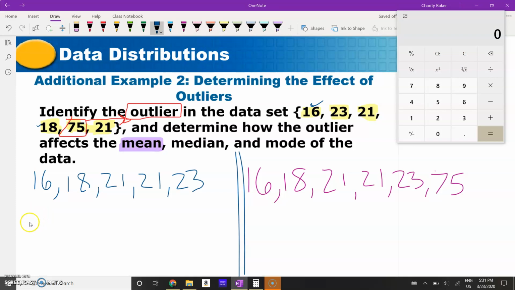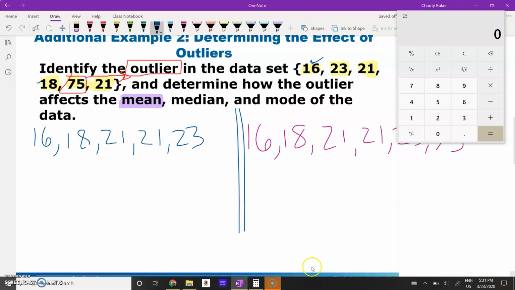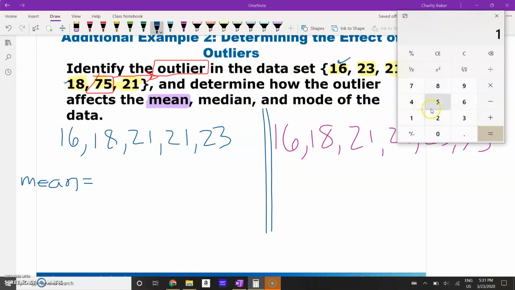All right, so let's start with the mean of each one. Okay, so I'm going to make a little chart. I guess we kind of have a chart going here. So let's go for the mean first. So the mean of these numbers is going to be 16 plus 18 plus 21 plus 21 again plus 23, and we're going to divide that by 1, 2, 3, 4, 5.